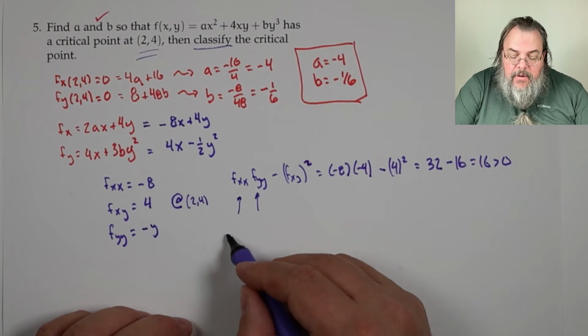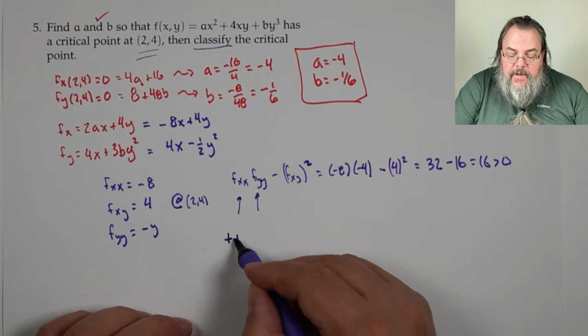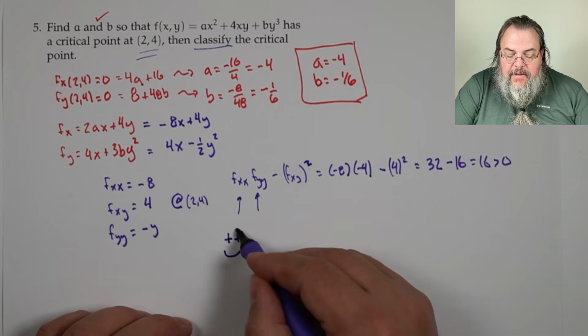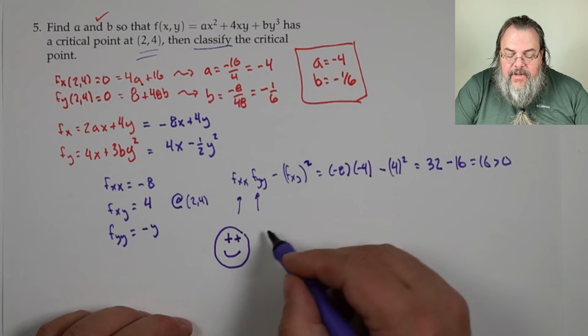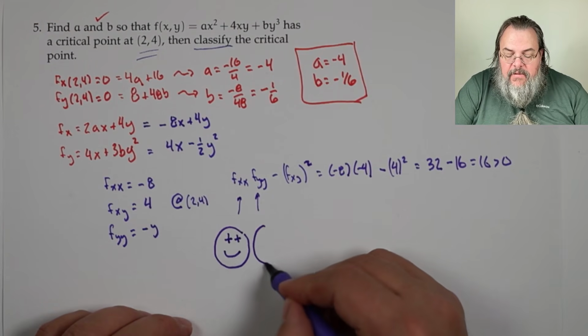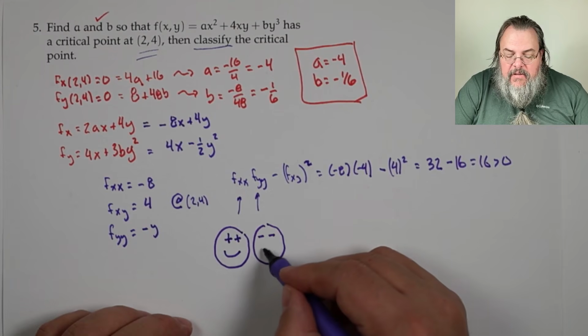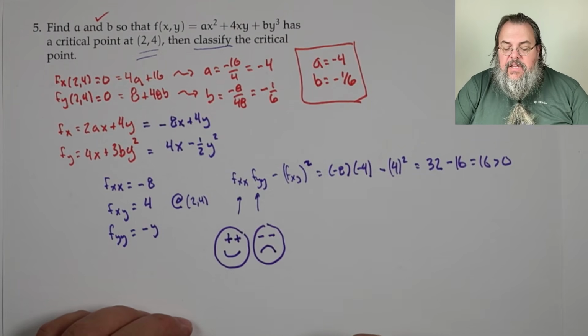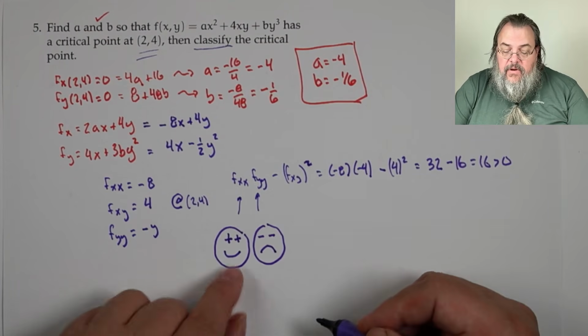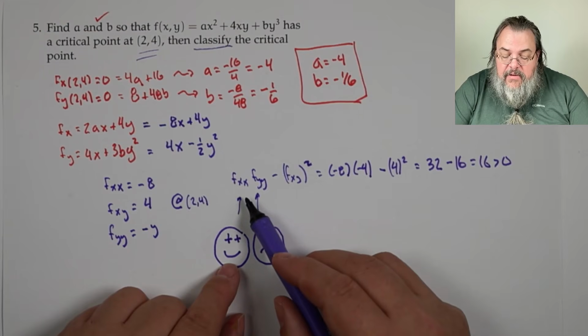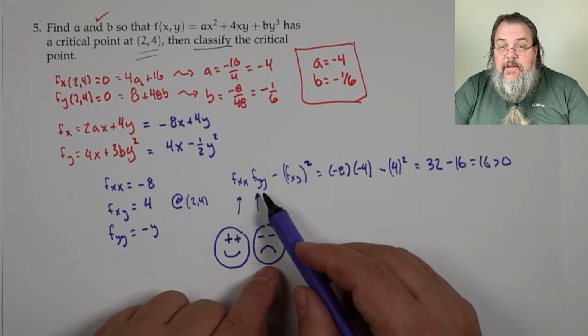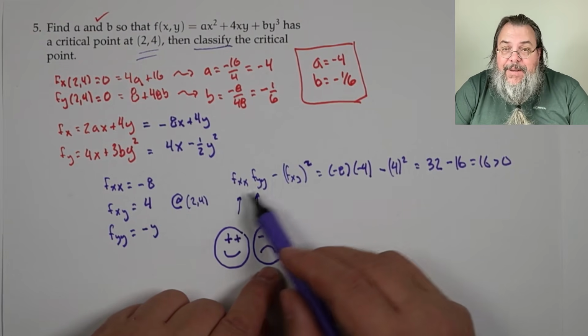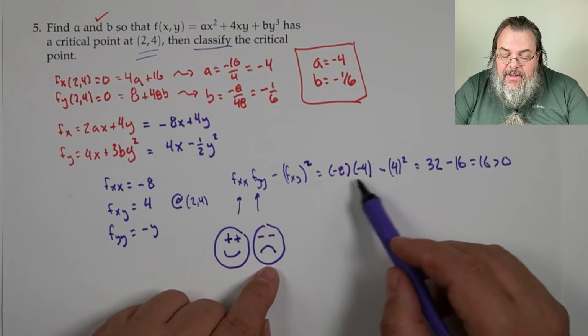And remember, we're basically channeling our calculus 1 second derivative test, right? If it's positive, it looks like that in the slice. If it's negative, it looks like that in the slice. So, is fxx positive or is it negative? And the same question for fyy. They have to be the same sign. So, we see that they're negative.